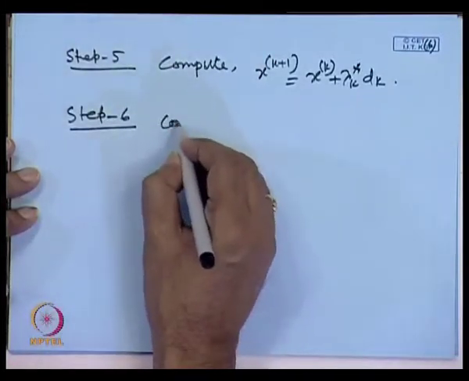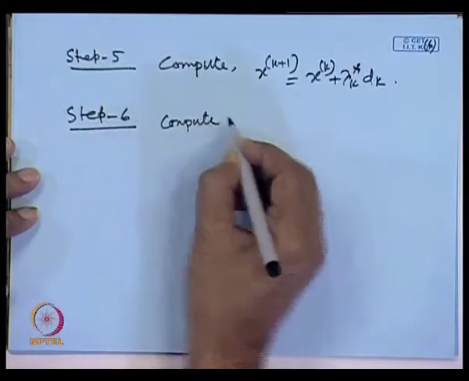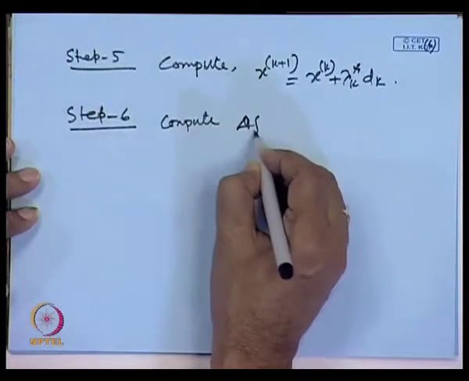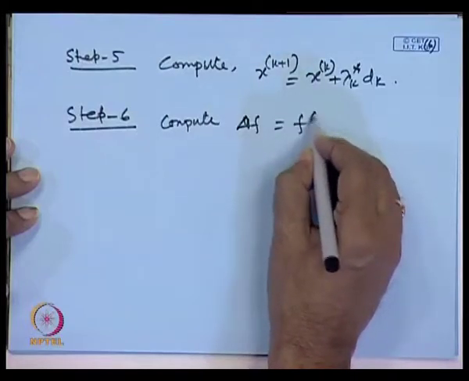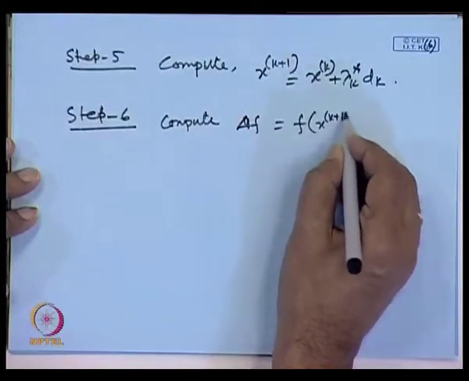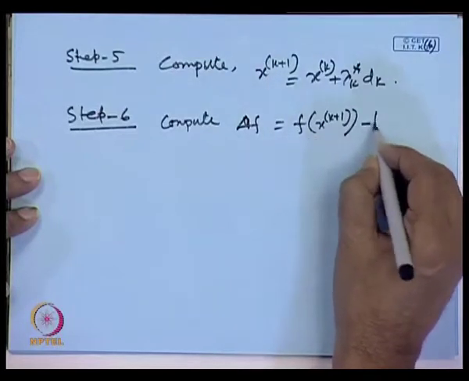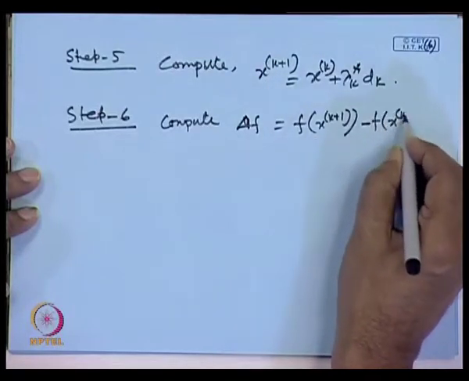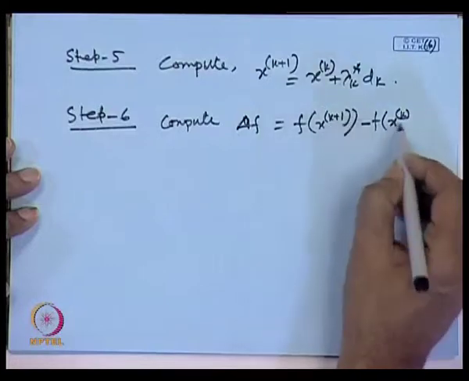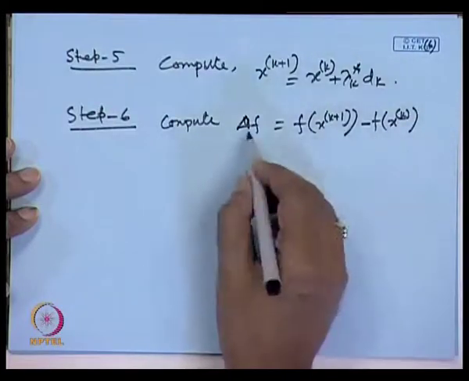So, compute delta f, where f of superscript k plus 1 is the function value at the k plus 1th iteration minus the function value at the kth iteration; the difference is delta f.